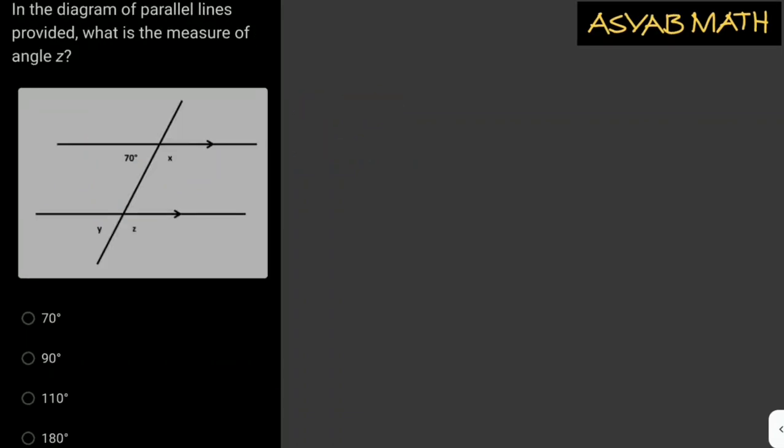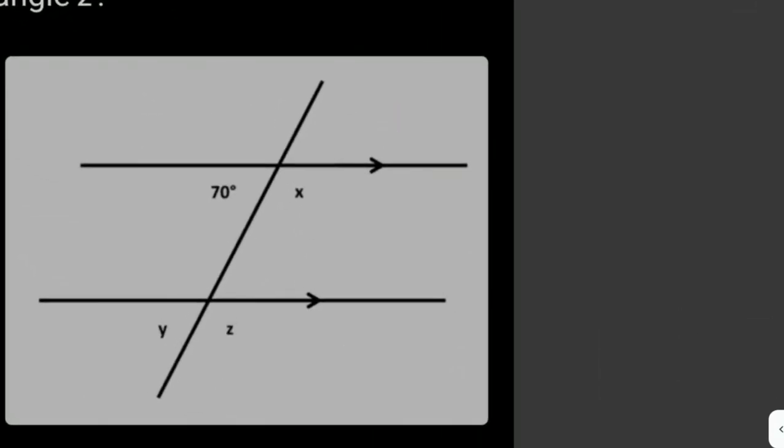Okay. In the diagram of parallel lines provided, what is the measure of angle Z? So when a transversal line intersects two parallel lines, such as this one here, exterior and interior angles are formed. Also formed are pairs of angles called corresponding angles.